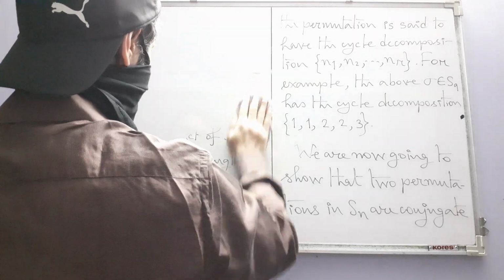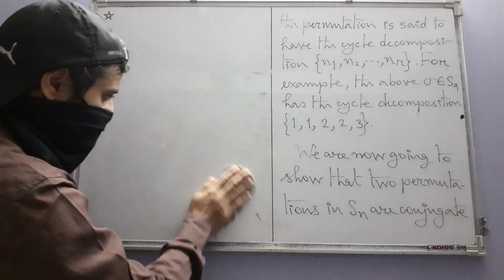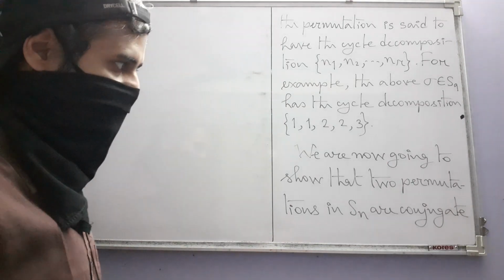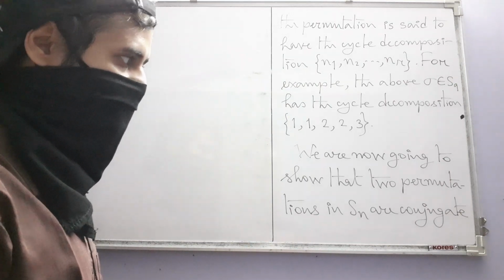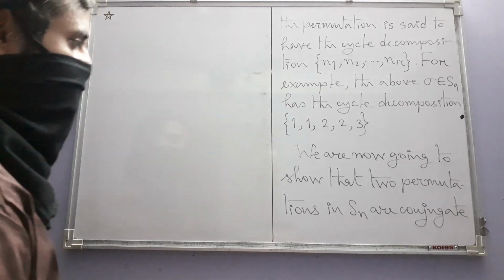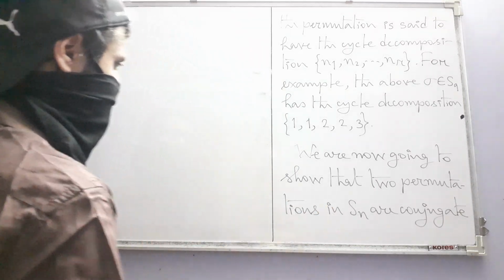It's a very nice result because normally if we are given a group, we do not have any general such rule for deciding when two given elements are conjugate. In symmetric groups, however, this very nice thing is there.